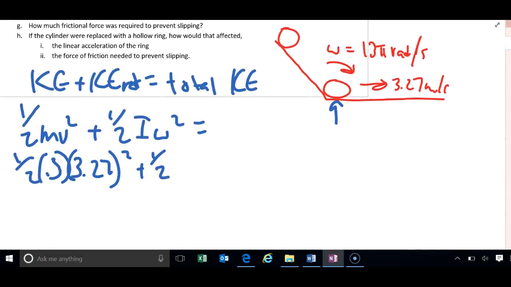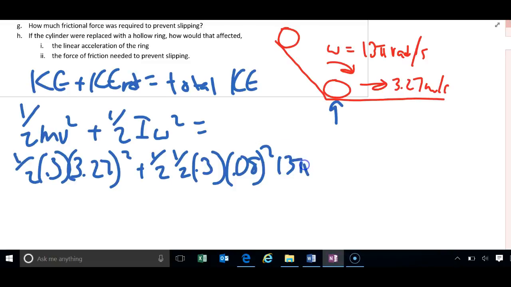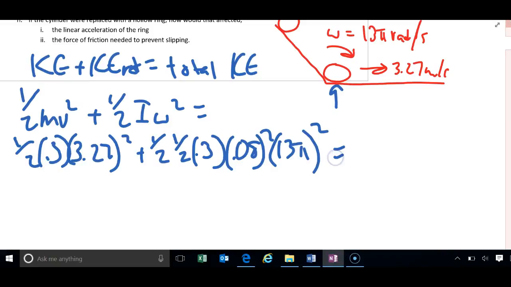I is 1/2 m, which is 0.3, times r squared, 0.08 squared, times omega squared, and that was 13 pi radians per second, and that has to be squared. Okay. So let's see what I come up with for this one. I ended up with 2.40 joules, the unit for energy.